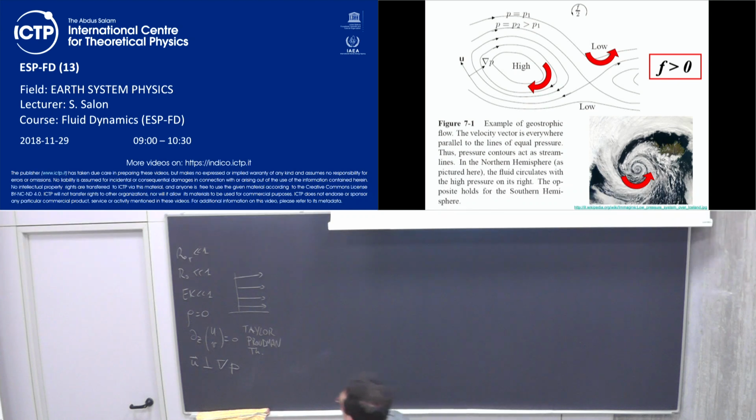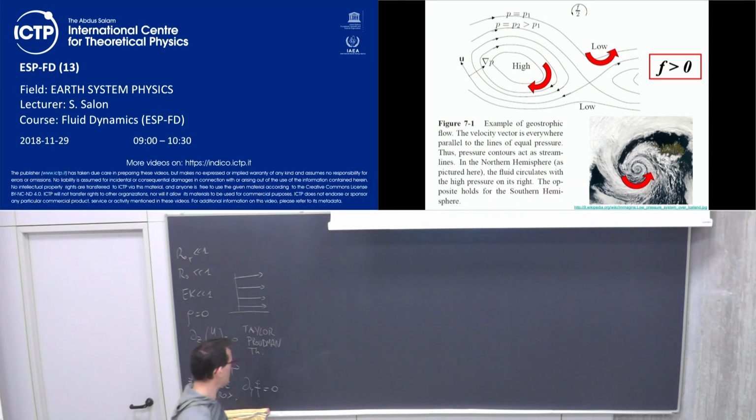The other thing that we found was the so-called f-plane approximation, which tells us that the meridional variation, on the northward axis, of f is 0, or very, very small.